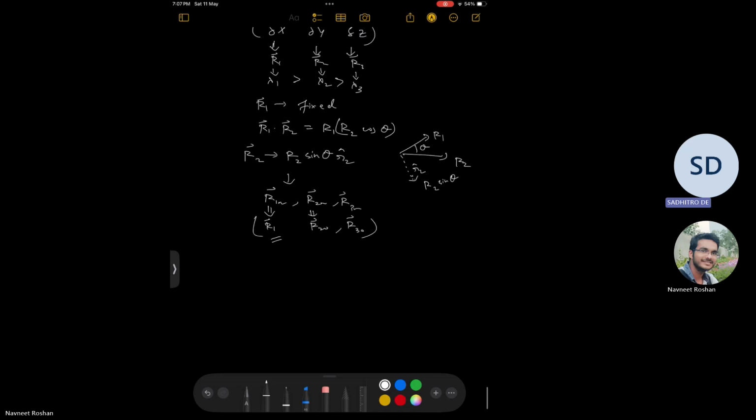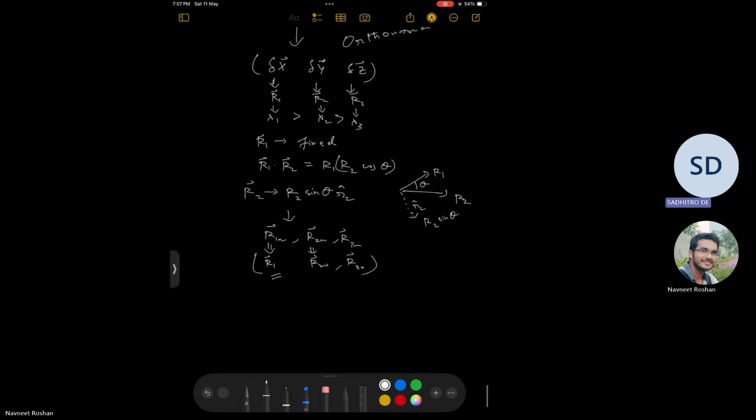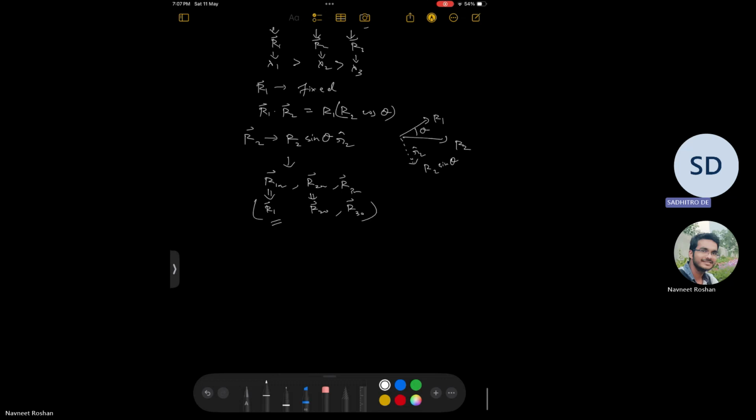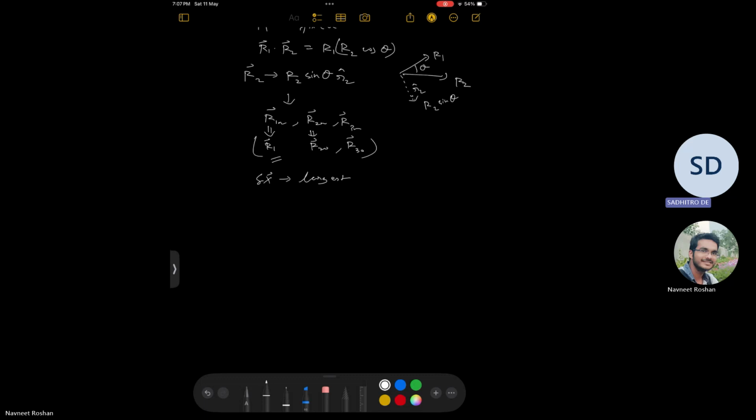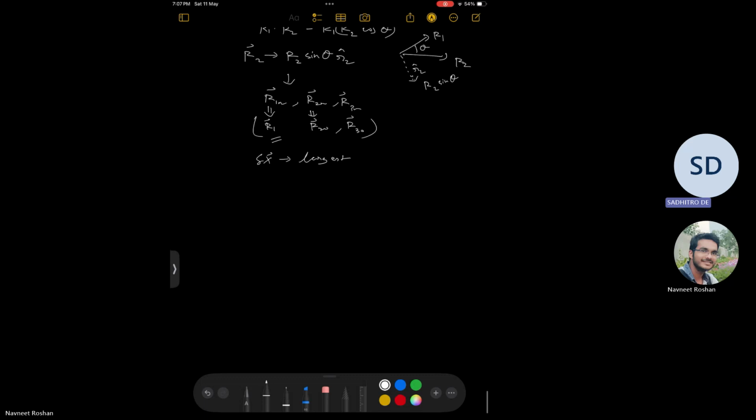Sorry, one thing I had to mention here was: what is the Lyapunov exponent that we evaluate at this step? So we had seen that delta x is the largest among the three perturbed vectors, right?